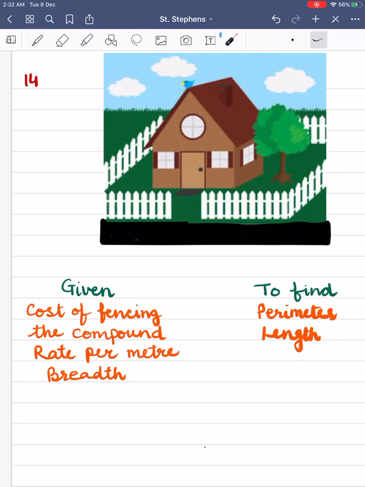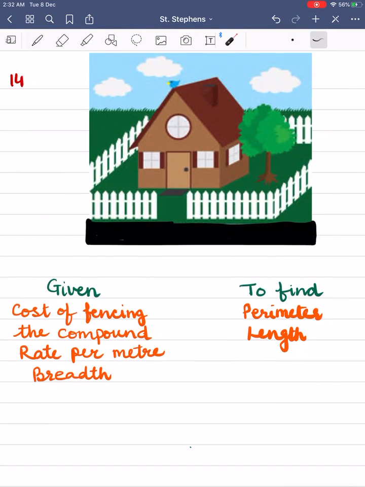So children, here we are given cost of fencing the compound is equal to rupees 4930, and the rate per meter is rupees 85, and breadth is 10 meters, and we have to find out the perimeter of the compound and length of the compound.